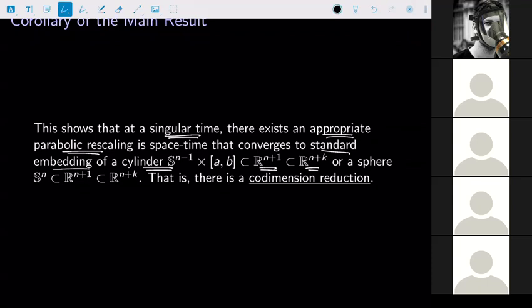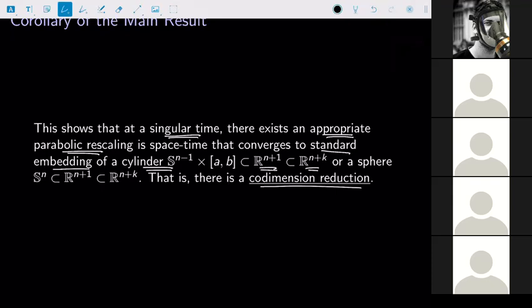This is quite an important point, because of course we know that the standard cylinder S^(n-1) cross R lives in a linear subspace R^(n+1). So if we want to recognize a neck region in our mean curvature flow, then we will need to have this codimension reduction.